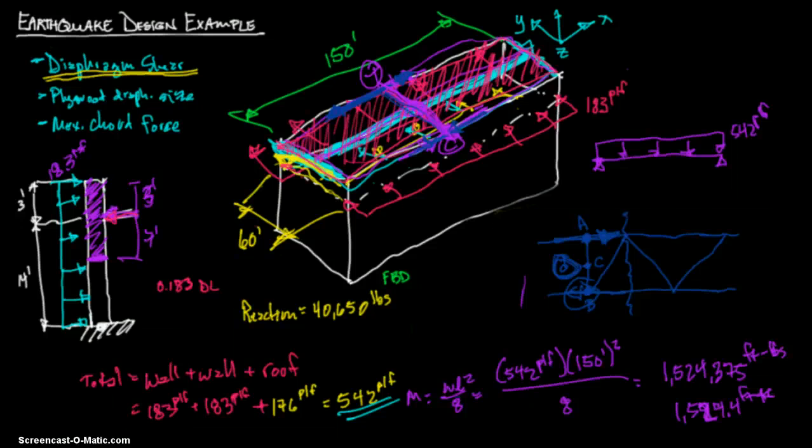And then we want to divide that by our D, which is 60 foot, which you could say is the depth of the beam, or the depth of the truss. In this case, it's the depth of our diaphragm. So let's go up here, 1,524.4 foot kips divided by 60 feet.